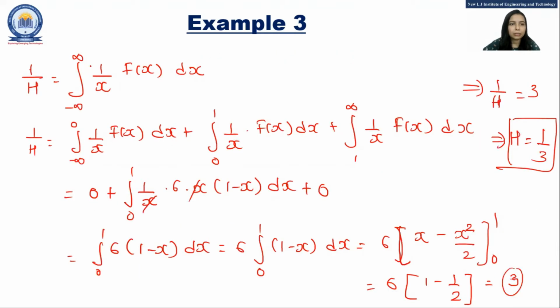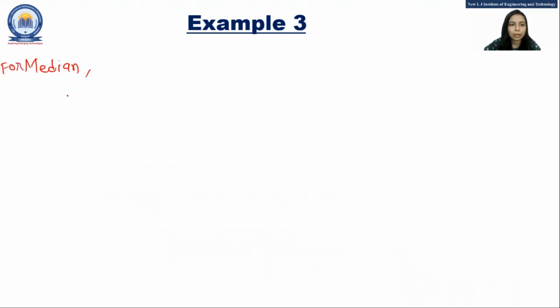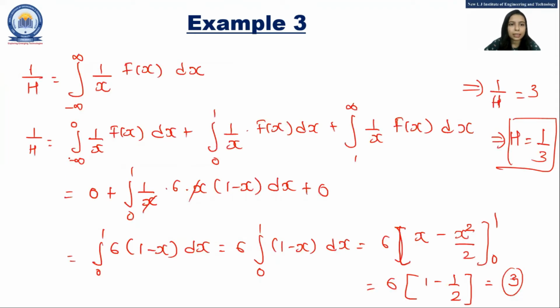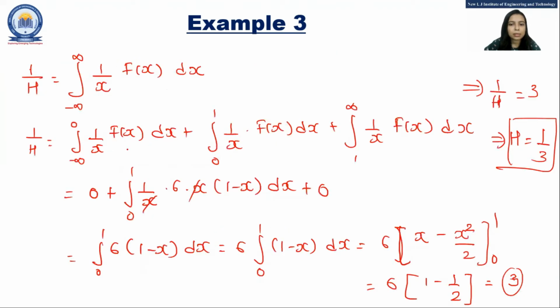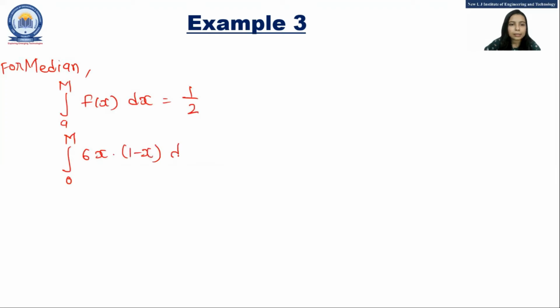Now the next is the median. For median, integration from a to m, f of x dx is equal to 1 by 2. A is 0 and f of x, that is 6 into x into 1 minus x dx is equal to 1 by 2.